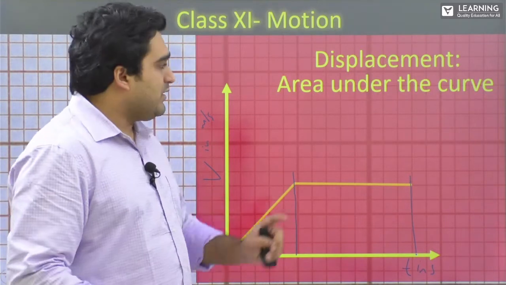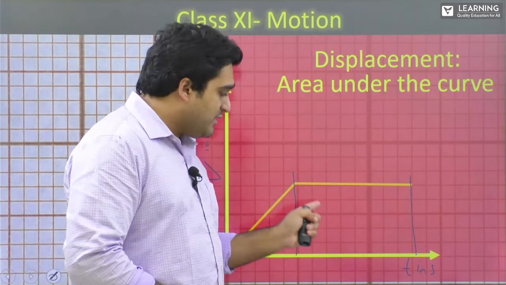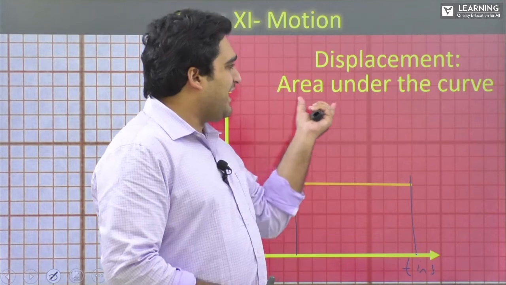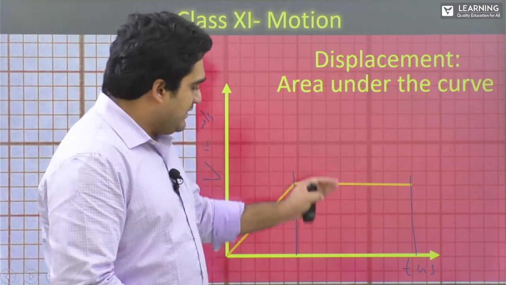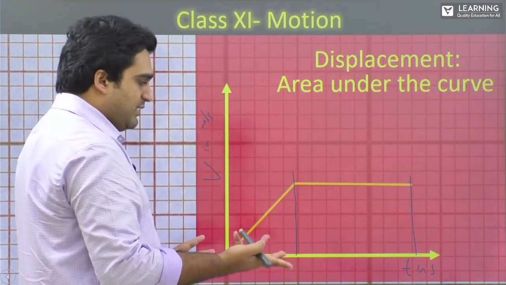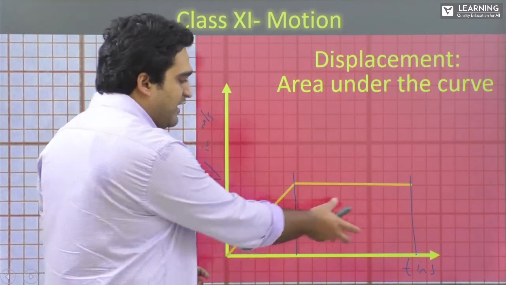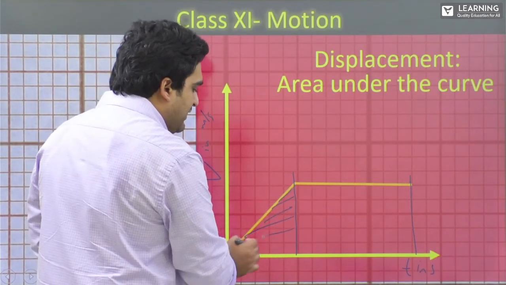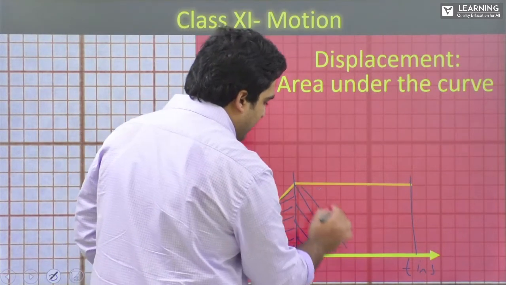Now, our purpose here is to find displacement. How will you determine displacement from this given graph? Displacement can be found by determining the area under the curve. This is the curve, the area under the curve. When you construct it, you get a trapezium, but the trapezium can be split into more recognizable parts, such as a triangle and a rectangle. All you have to do is find the area of this triangle and the area of this rectangle.